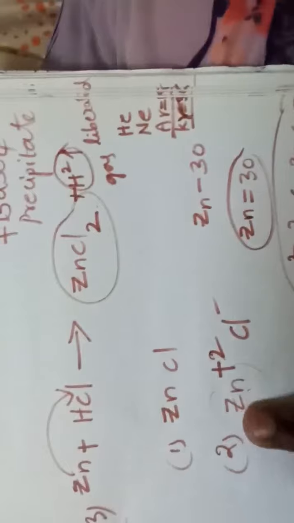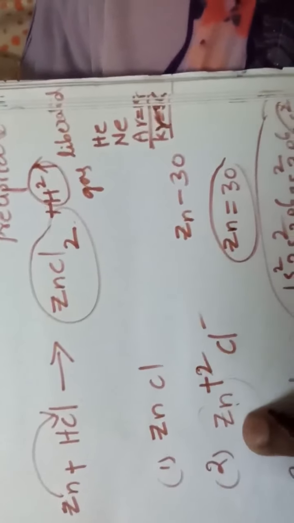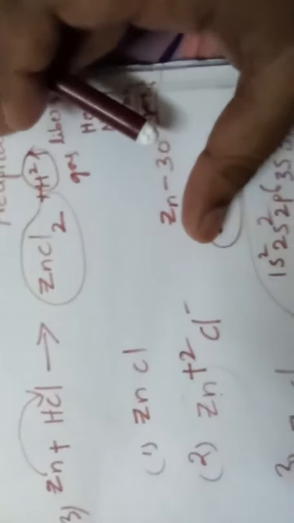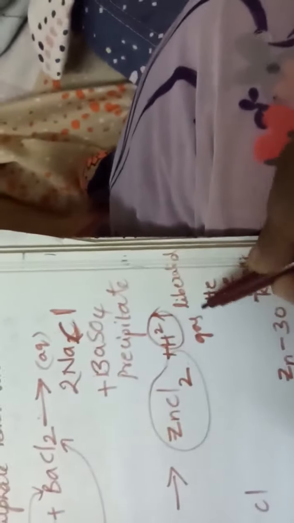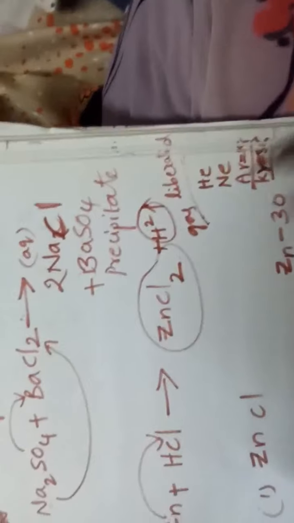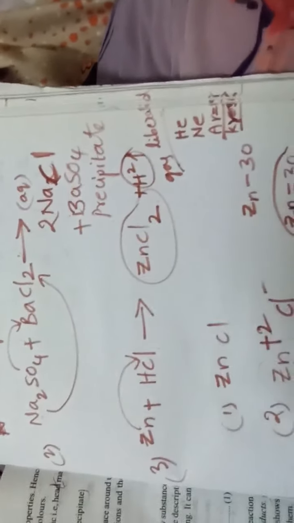This is the lowest energy level orbital, so zinc wants to leave these 2 electrons and become a positively charged cation. Copper is also like that. I will explain the copper sulfate example with the criss-cross method now. Here, just interchange the valency numbers and we get the zinc chloride formula ZnCl2, and hydrogen gas is liberated in this equation, which is the third activity in our lesson.